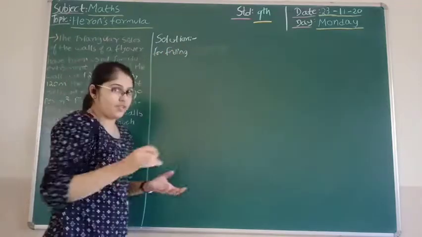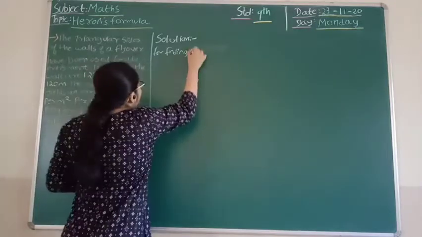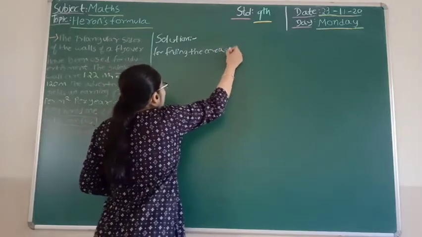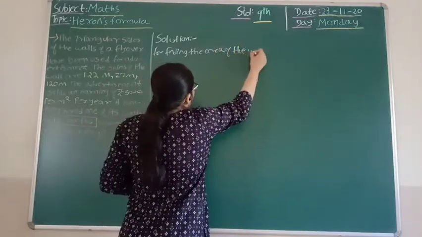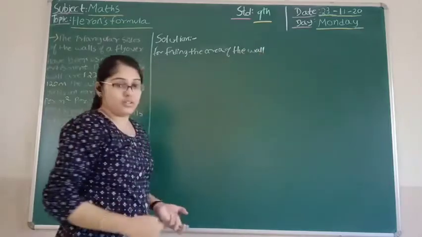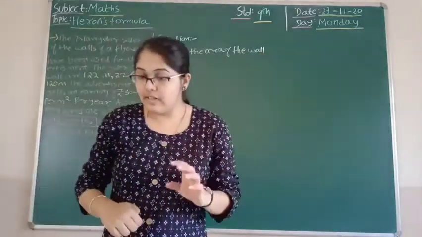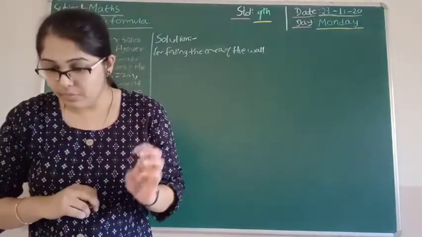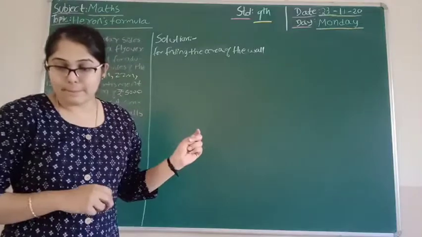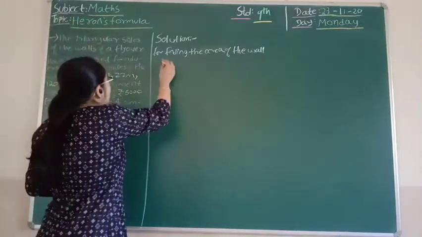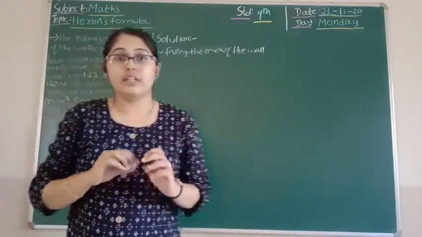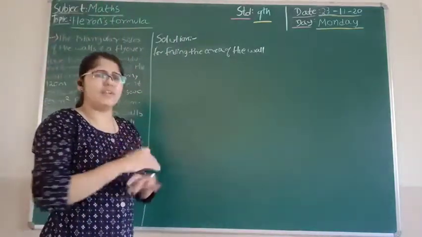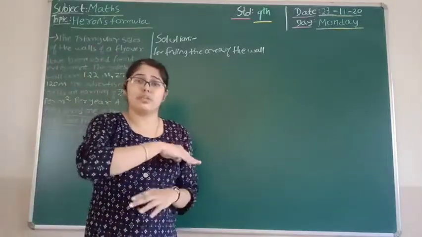For finding the area of the wall, we know the formula, right? First we'll find the perimeter. We can find the semi-perimeter as the addition of all the sides divided by 2.